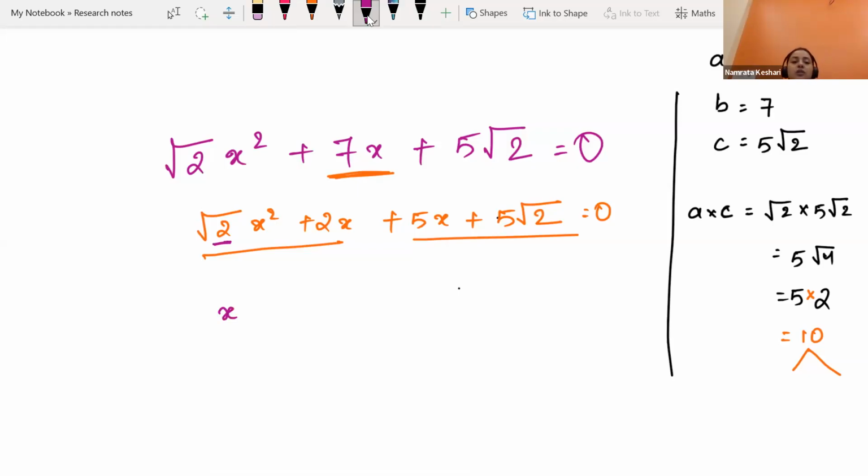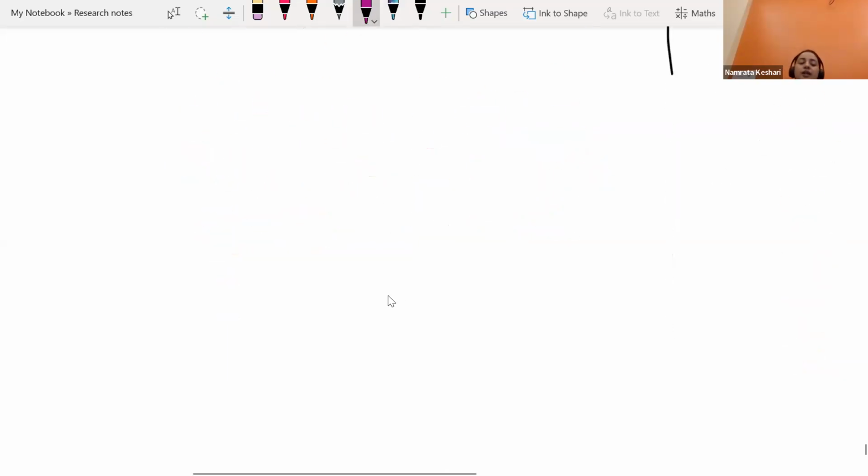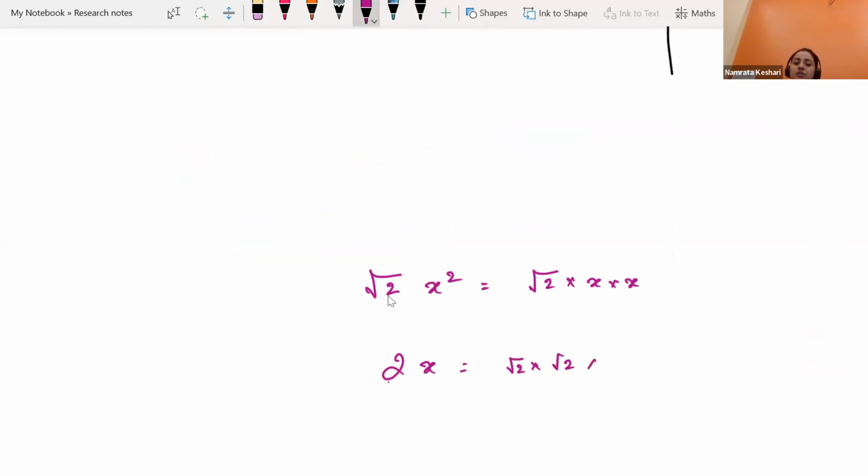Now here root 2 is there, here 2 is there. Now we understand 2 means root 2 into root 2, yes or no? Yes. So we need to take out the common factor from these two terms. Root 2 x square means root 2 into x, and the other term is just 2x, which means 2 can be written as root 2 into root 2, and x is just x.